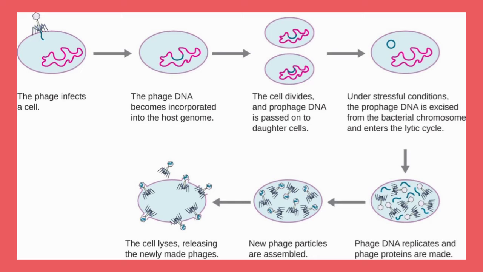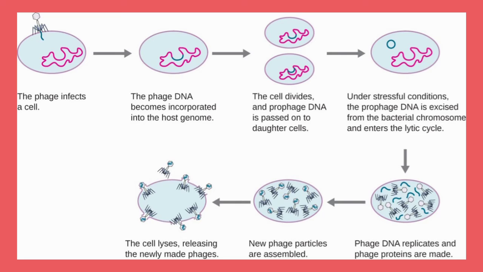During the lysogenic cycle, instead of killing the host, the phage genome integrates into the bacterial chromosome and becomes part of the host. The integrated phage genome is called a prophage. A bacterial host with a prophage is called a lysogen.